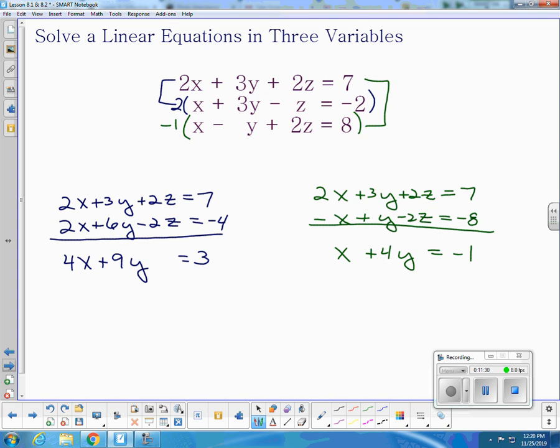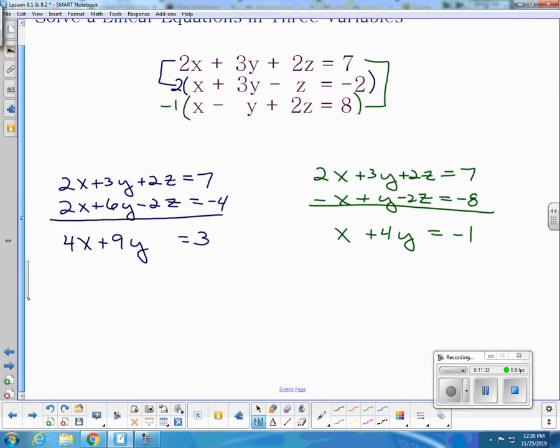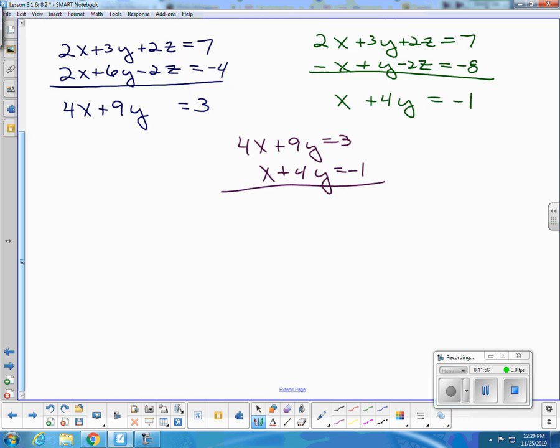Now, we're going to put these guys together and do a system. So you're just going to do elimination and then elimination and then elimination again. So in your 3 by 3, you have to pick one variable, and you're going to have to eliminate it twice. All right, what do we want to get rid of, x or y?